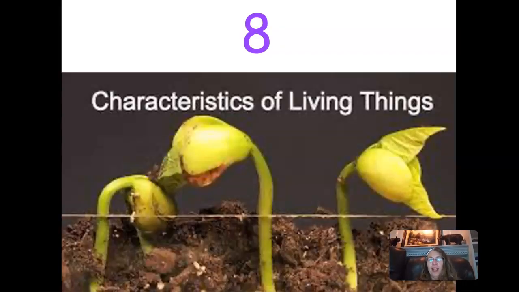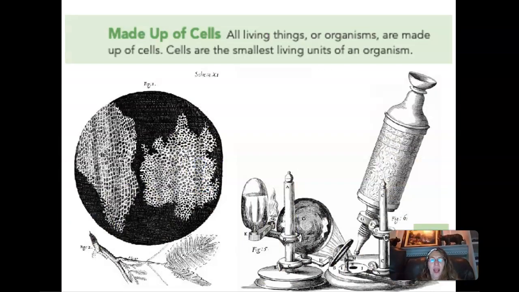So we're going to talk about the characteristics of living things. The first thing that your book talks about is that all living things are made up of cells. A cell is the smallest unit of an organism. Just like an atom is the smallest part of matter, a cell is the smallest part of an organism.